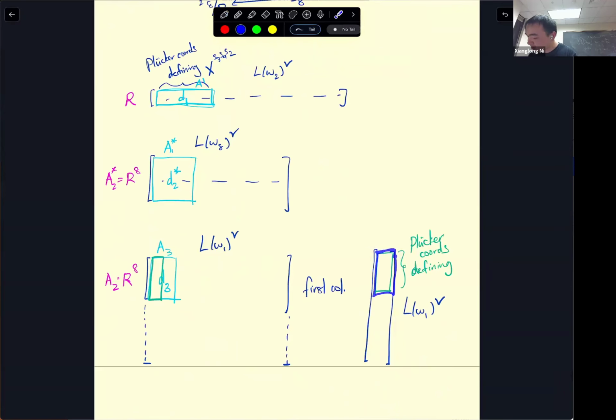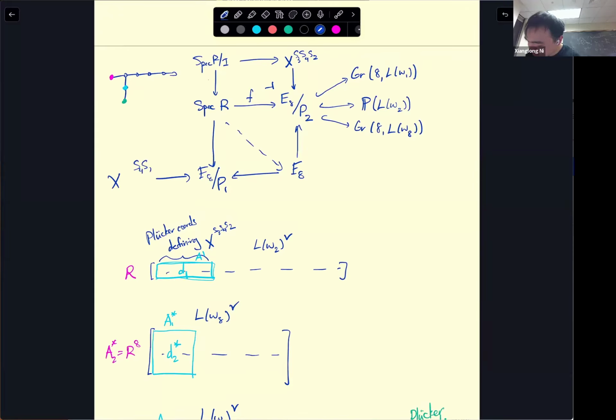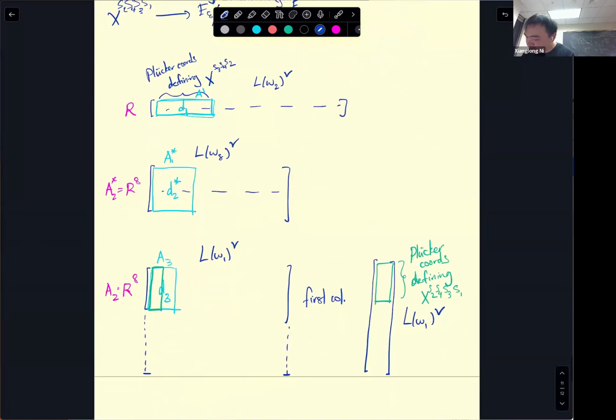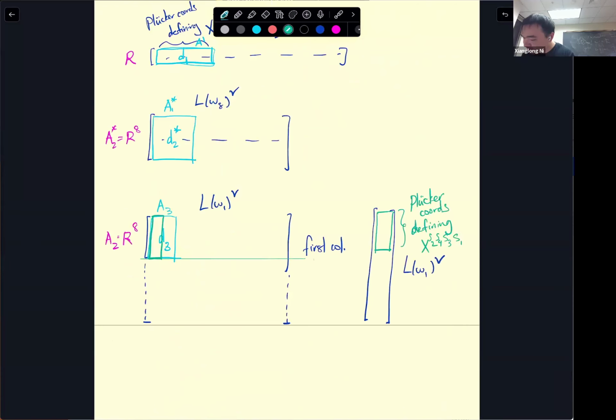It turns out to be X, S1, S3, S4, S2. Then this Schubert variety, S3, S4, S2, specializes to the Gorenstein ideal J, where J is generated by the entries of this column here.